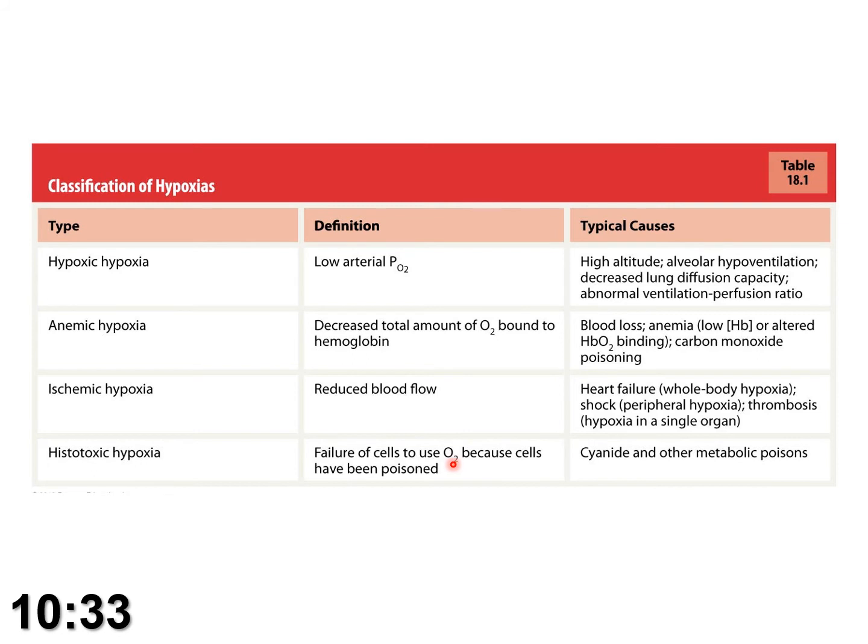The cells cannot use the oxygen because they've been poisoned in one way or another. The most common instance, or the easiest one, is cyanide poisoning, which uncouples the citric acid cycle from electron transport.